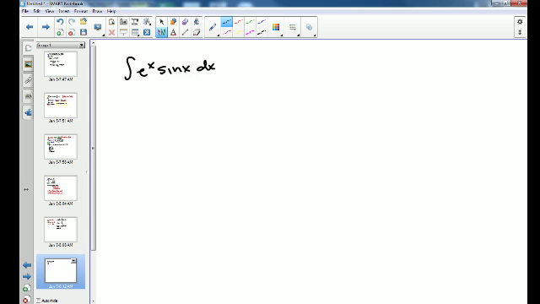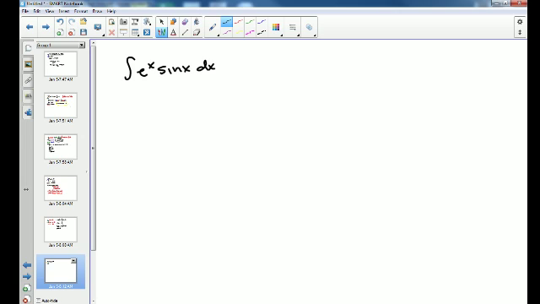If you see a problem like this, you're thinking, what's the derivative of u dx? What's the integral of u dx? Does it make more sense to do that? Okay, what's the derivative of sine? What's the integral of sine? Negative cosine. Does it make any more sense?